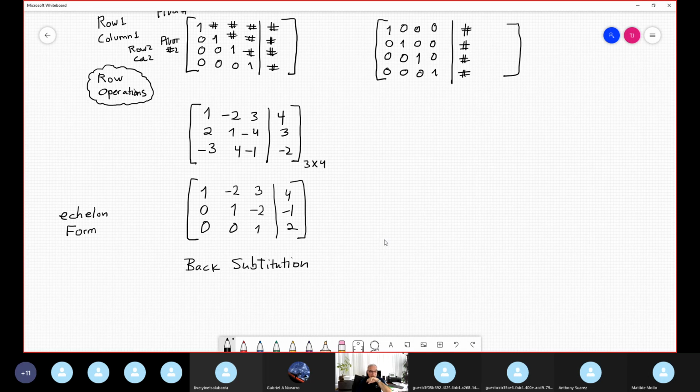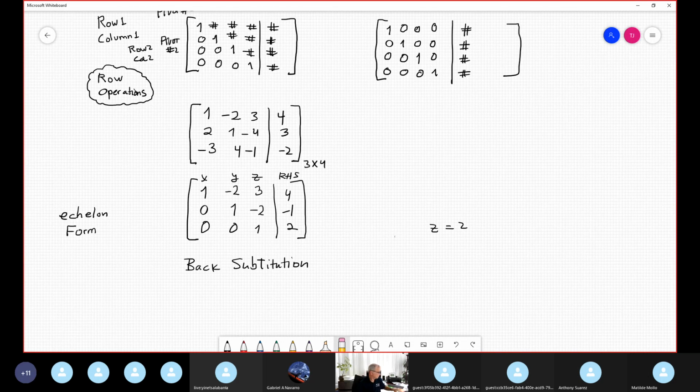What is that? Remember that this is X, this is Y, this is Z, and this is the right-hand side number. So you take the last equation: 0x plus 0y plus 1z equals 2. It's obvious that Z is equal to 2.